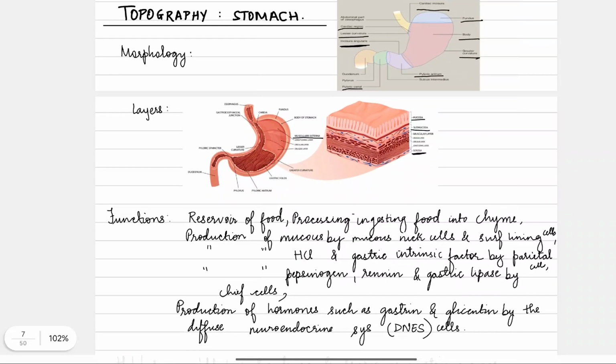Next are the layers. Serous layer, muscular layer, which is divided into an external layer of longitudinal fibers, a middle circular layer, and an internal oblique layer, then submucosa and mucosa.